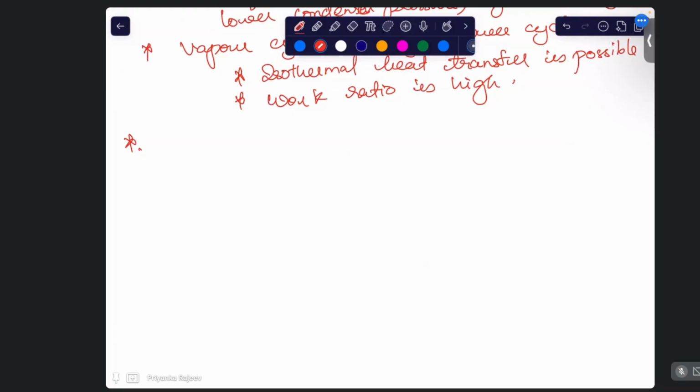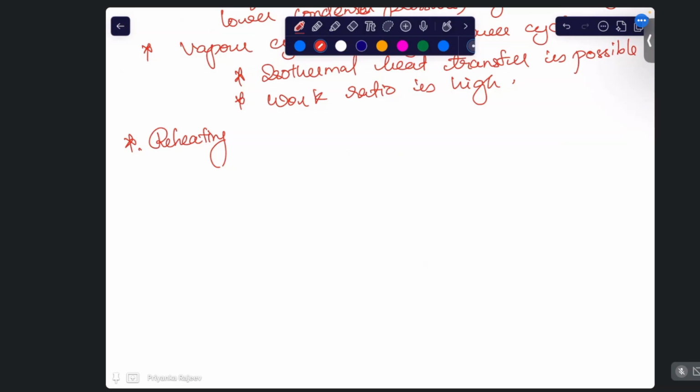One is reheating. Reheating means the working fluid is heated in a device called a reheater, and then it is again circulated in the plant.